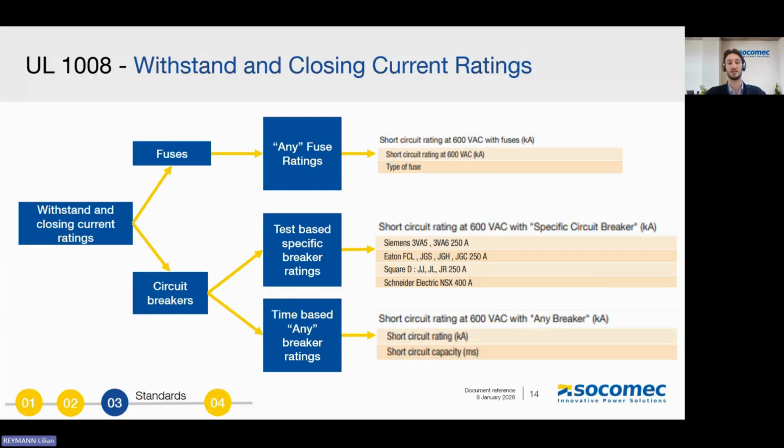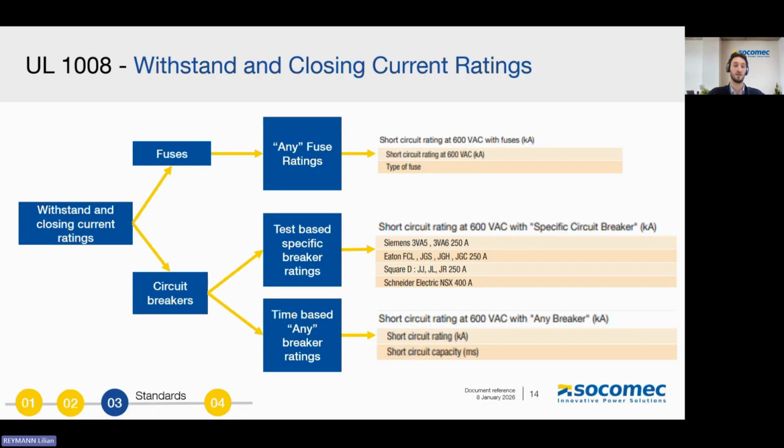And there are two different types of ratings that you can see. The first one is specific breakers. With specific breakers rating, you can use the transfer switch only with the specified breakers and comply with the short circuit conditions. So here is an example of Siemens, Eaton, Square D, and Schneider Electric circuit breakers, and we will have different ratings depending on the different brand and the different circuit breakers.